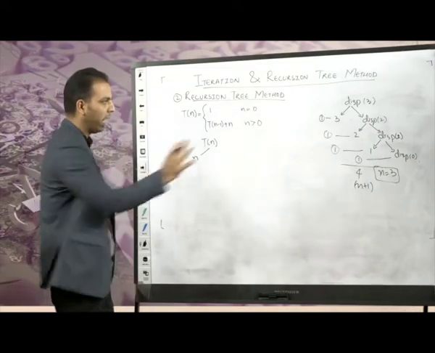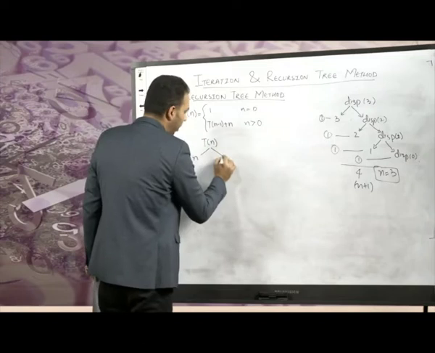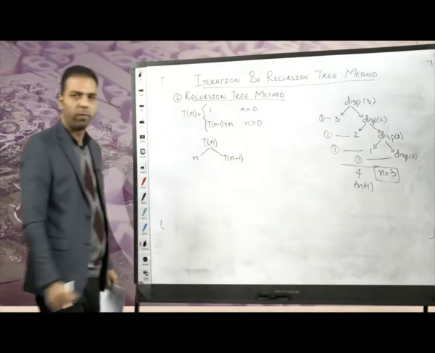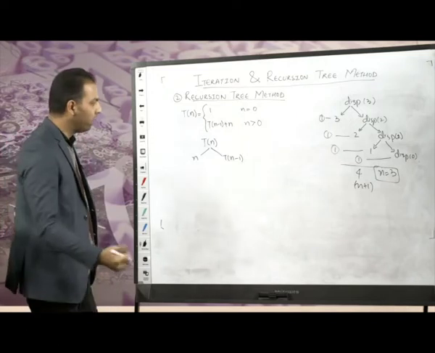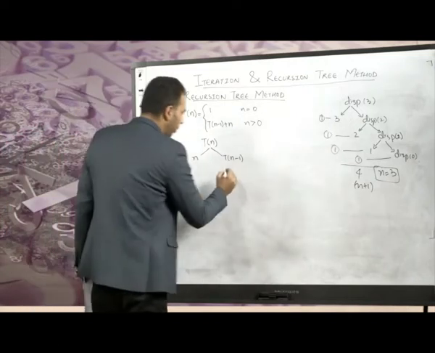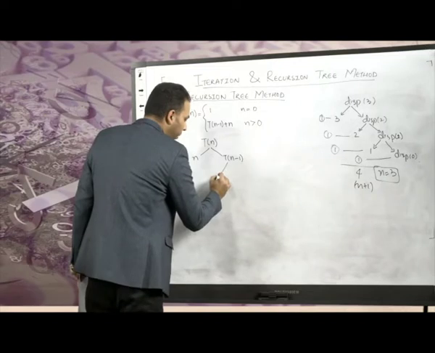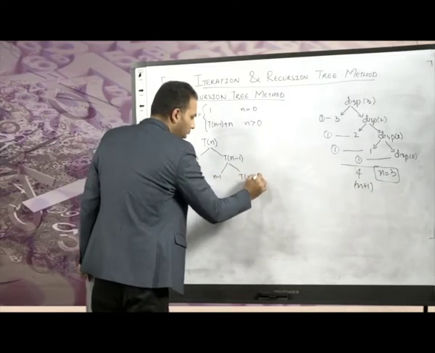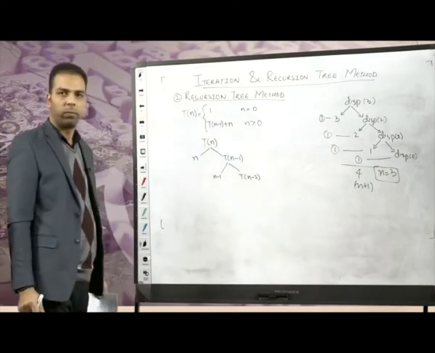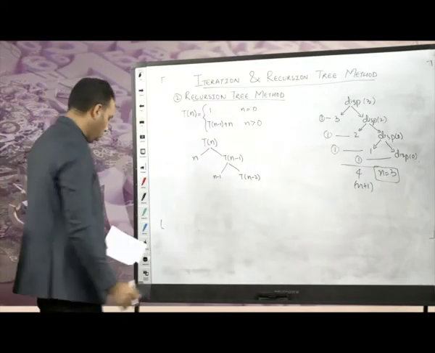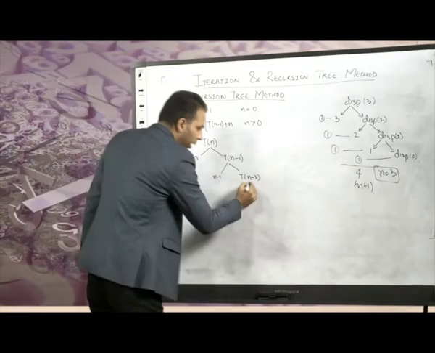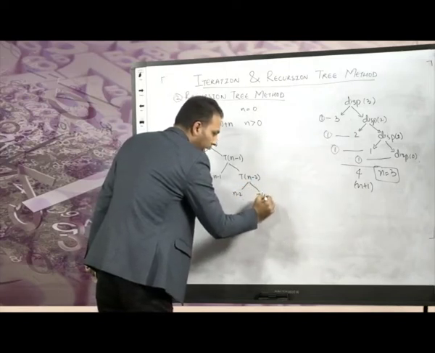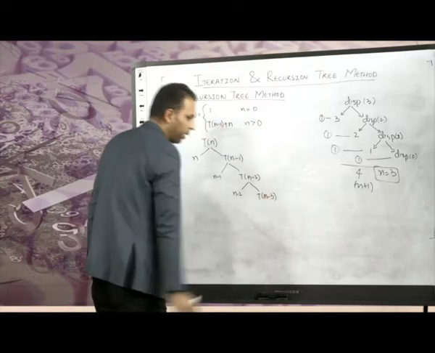Whatever the value is there, n, that is 3, plus it will call T(n minus 1). Fine. Next, what will it do? It will here print n minus 1 and it will call T(n minus 2). Fine. So this will print n minus 2 and it will call T(n minus 3).